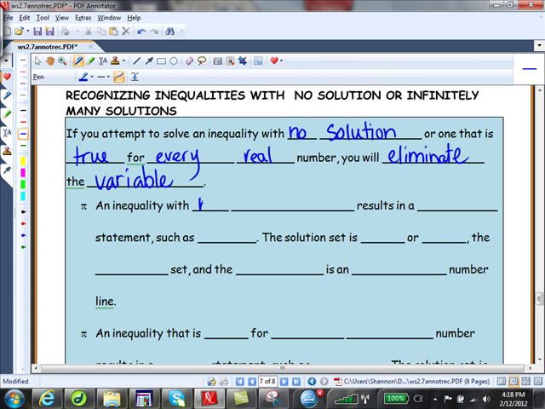An inequality with no solution results in a false statement, such as 2 is less than or equal to 1. The solution set is the null set or the empty set.